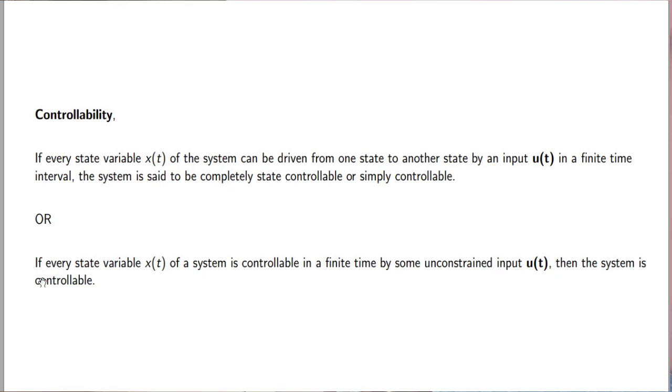Please note that all the state variables in the system have to be controlled in a finite time with some unconstrained control input u(t). In that case, that system is a controllable system, and this phenomenon we call controllability.